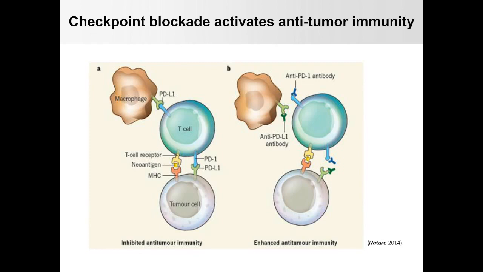However, the cancer cell is also very smart. It will express PD-L1 on the cell surface. This expression will engage with the T cell's PD-1, and this engagement will eventually shut off the T cell activity, causing immune escape.